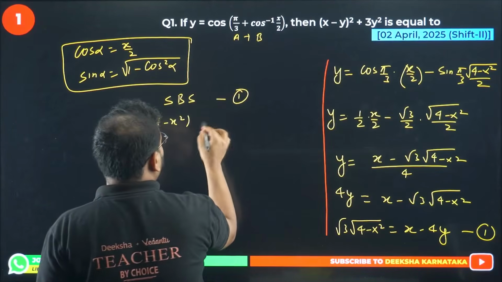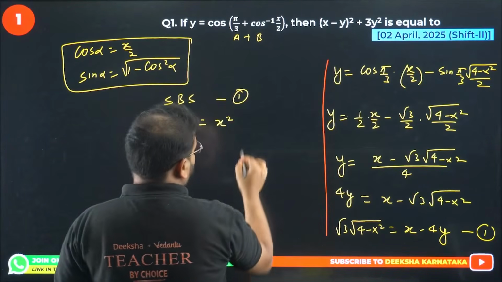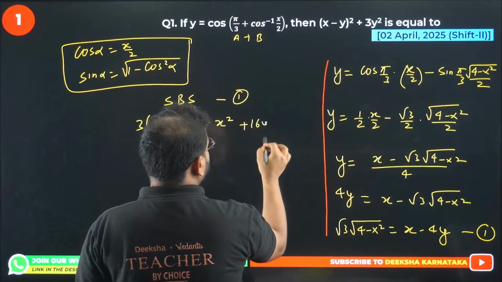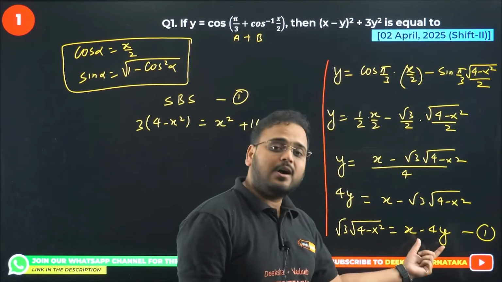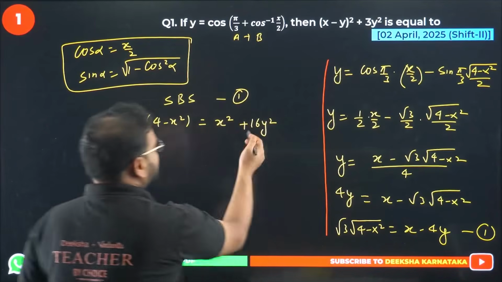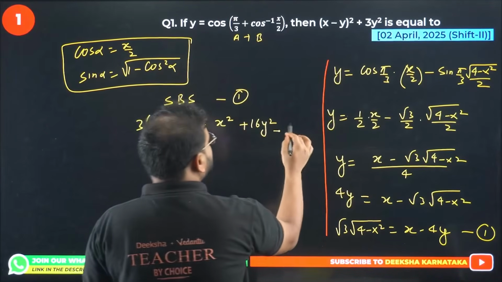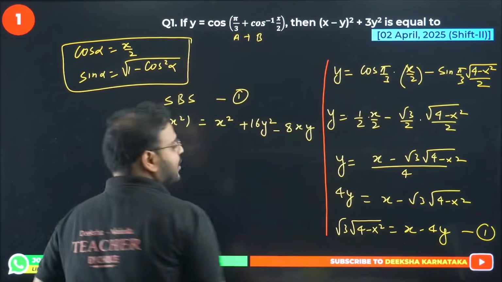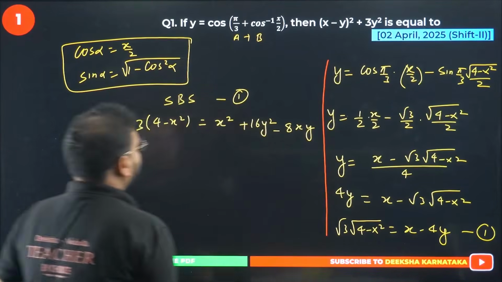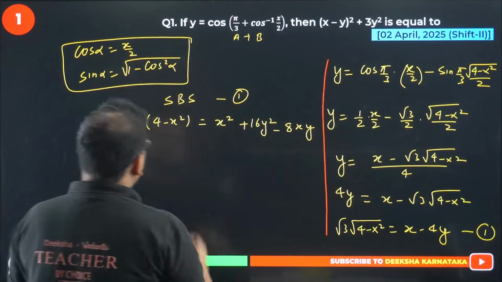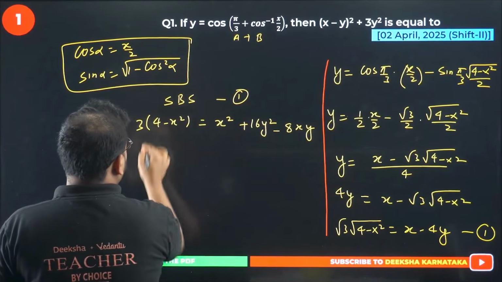And this side you'll have x square plus 16y square. I'm using the formula of a minus b the whole square, right? So x square plus 16y square minus 8xy. How come, sir? 2 into x into 4y. That becomes 8xy. Alright. So with that known, I can expand it over here and write the constant here.